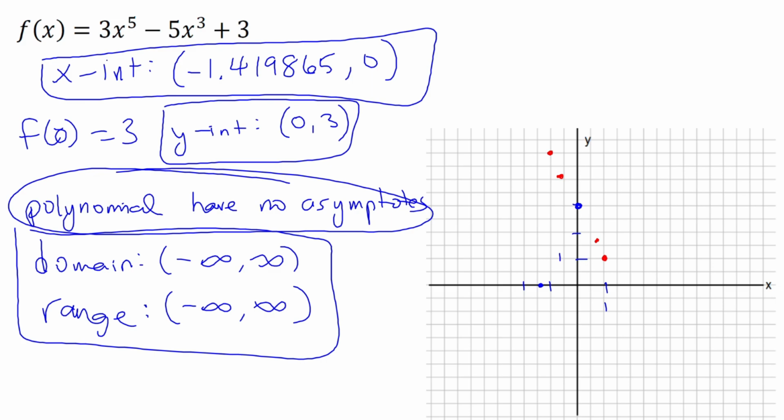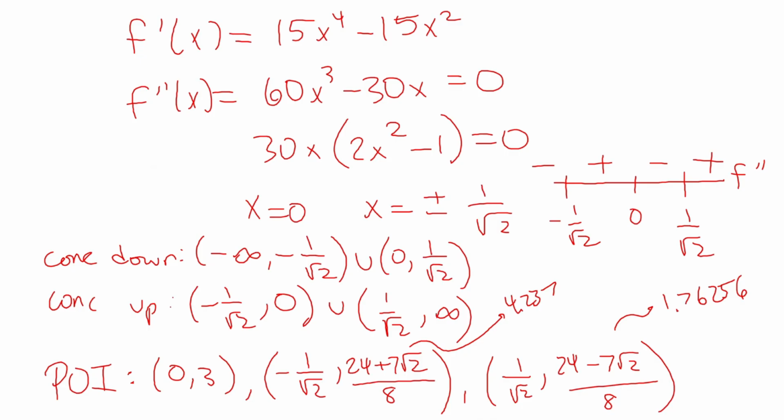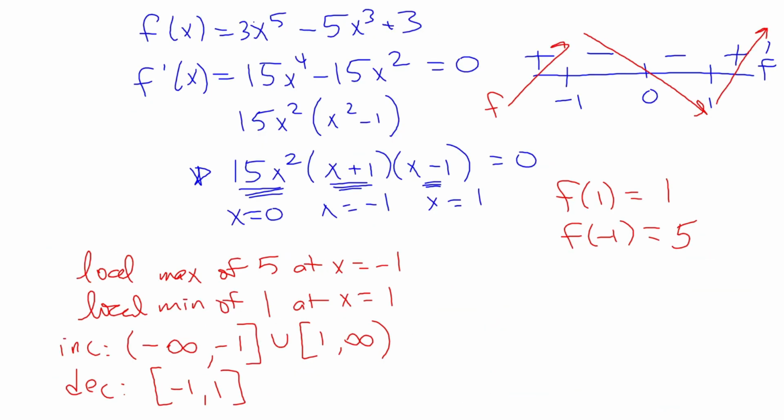And we will then sketch our graph, knowing that we start out increasing and concave down, right? Until we get to that first point of inflection, we're going to stay concave down, and we're going to stay increasing until -1 and then start decreasing after that.